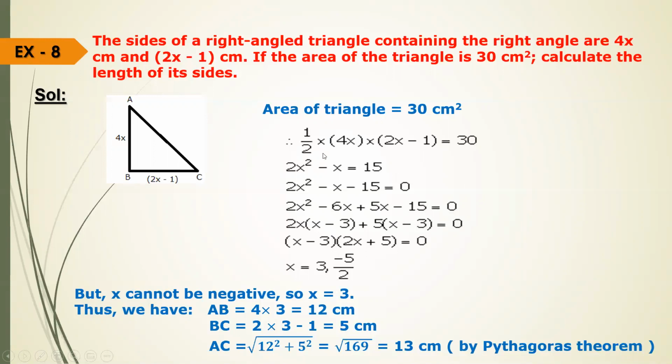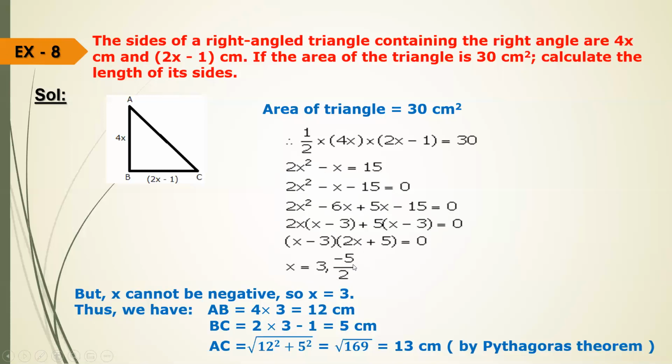Then it will give you 4x square minus 2x minus 30 equal to 0. Taking 2 common and transposing this 30 to the left hand side, the final equation we are getting is 2x square minus x minus 15 equal to 0. Till now you have well understood how to solve the equation by splitting the middle term. Here after solving, we are getting two values of x, 3 and minus 5 by 2.